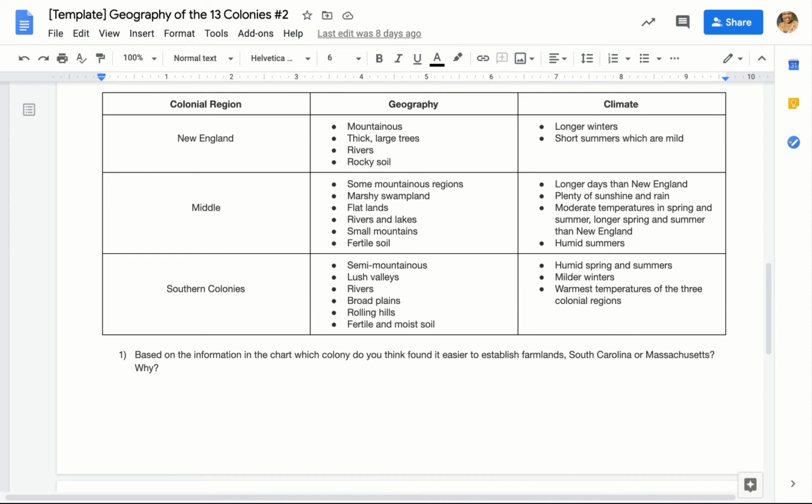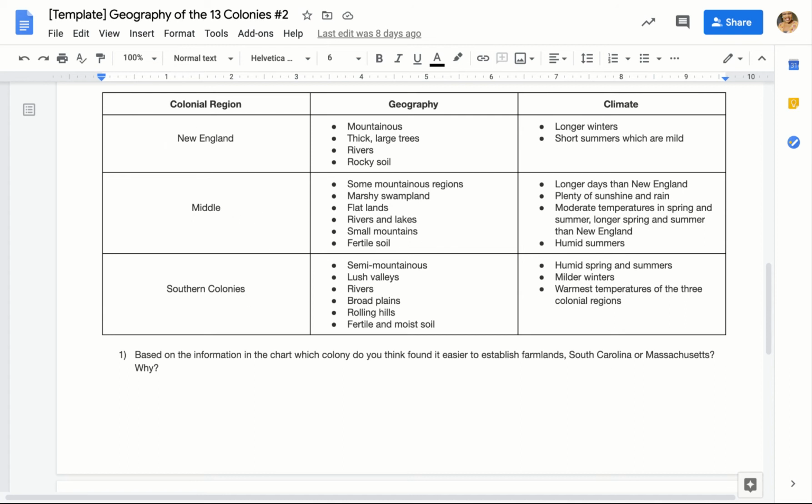So if you say it's South Carolina, then you would need to explain why. If you choose Massachusetts, then you would need to explain why also. In order to effectively explain your answer on this one, you're going to have to have a good handle on which region each of these colonies fall into.